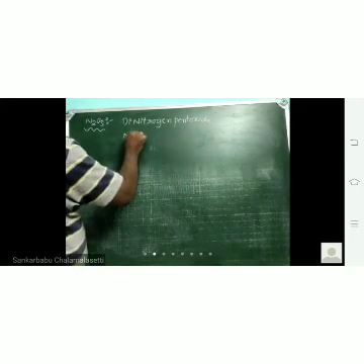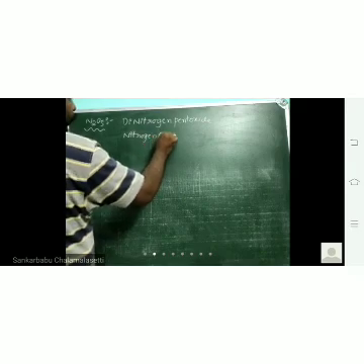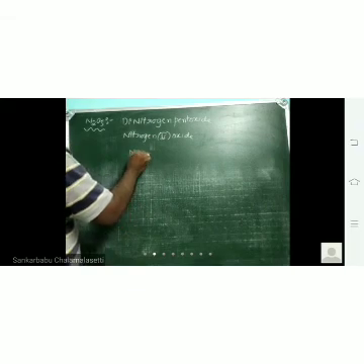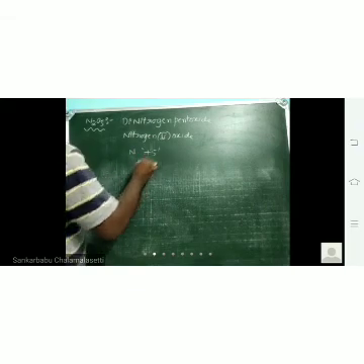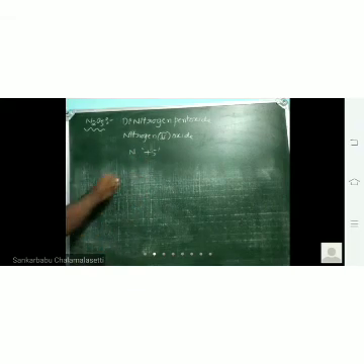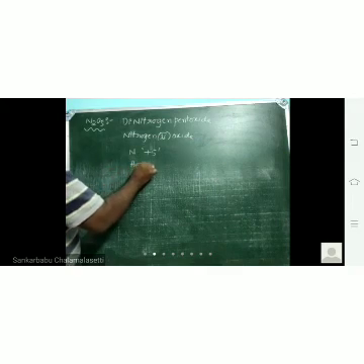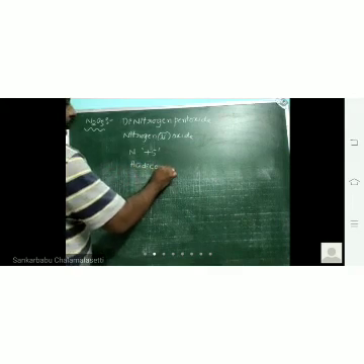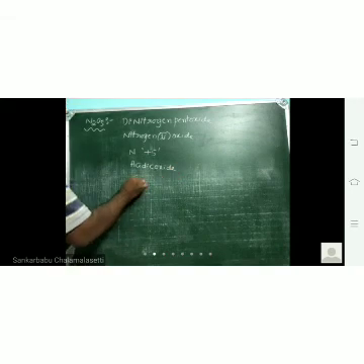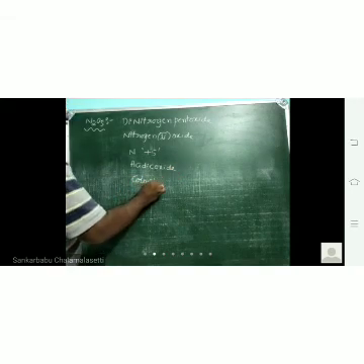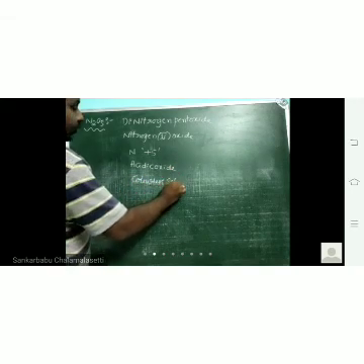It is also called nitrogen(V) oxide. It indicates that the nitrogen is present in +5 oxidation state. Again, it is an acidic oxide and it is a colorless solid.